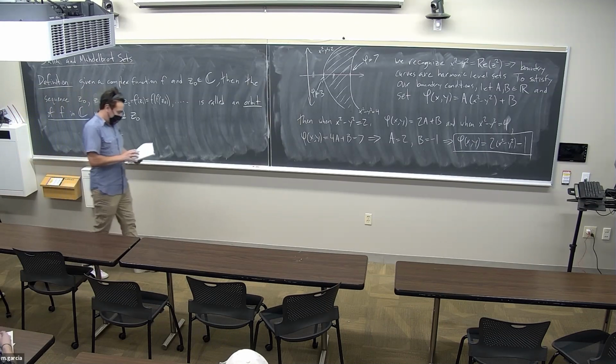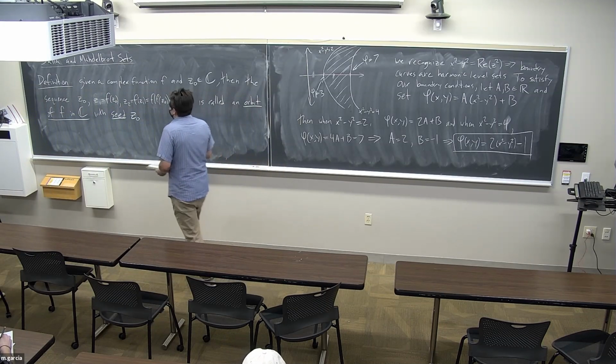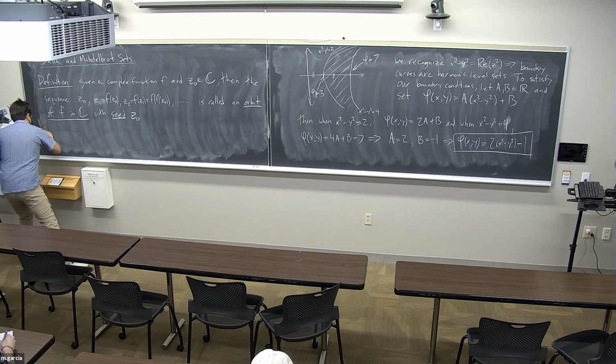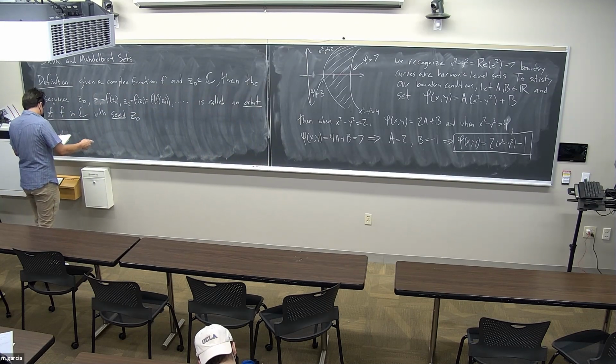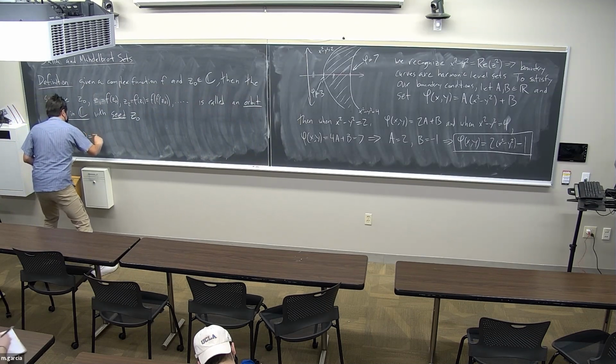Okay, so let's keep working with this same function we've been working with all day. For example, let's take f of z again equal to z squared.